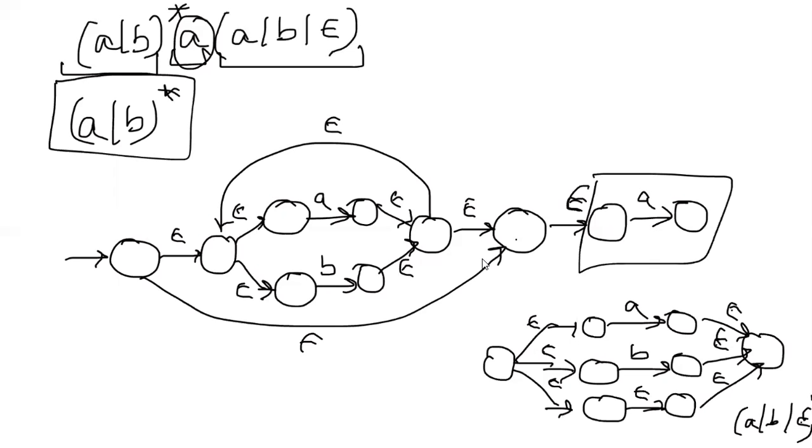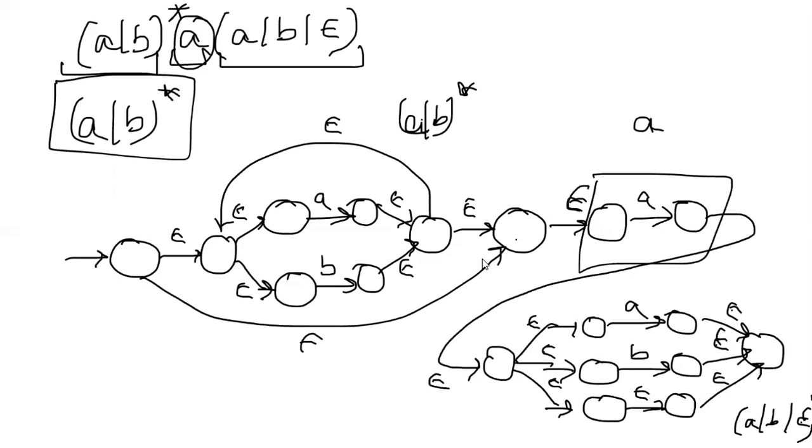So now I have to connect this, that is (A or B) star, A, and the remaining. So I will connect this through an epsilon transition. So my final state is this one here, the end, and this is my start state.